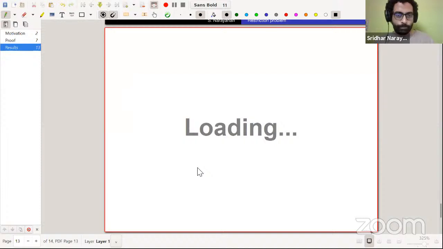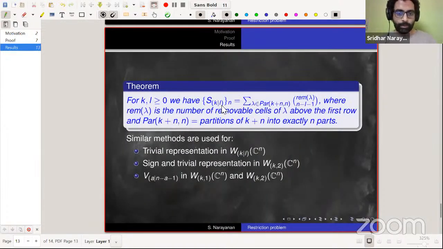And so I'm going to skip both those steps and give you the final result, which is that the coefficient, or the multiplicity, of the sign representation in the hook-shaped representation SKL is this sum over this set, where the set is the set of partitions of k plus n into exactly n parts. So it's the sum over this set of this statistic, where rem of lambda is the number of removable cells of lambda which do not lie in the first row.